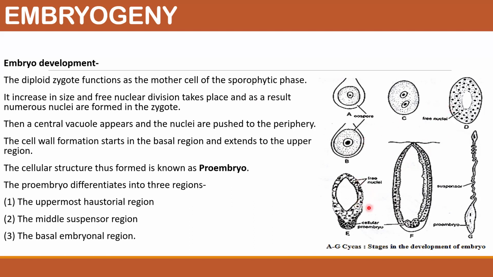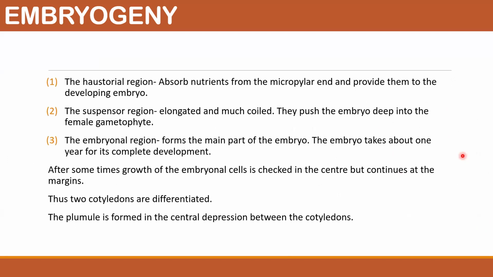This cellular structure is called the proembryo, which is differentiated into three regions: the uppermost suspensor... the uppermost haustorial region, the middle suspensor region, and the basal embryonal region. The upper region absorbs nutrients from the micropylar end and provides them to the developing embryo.